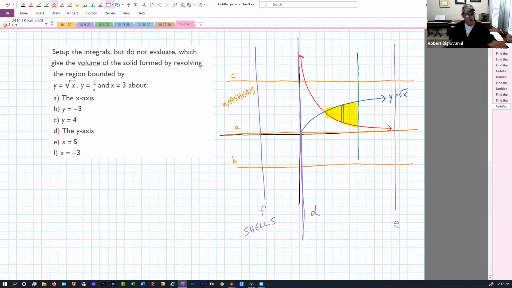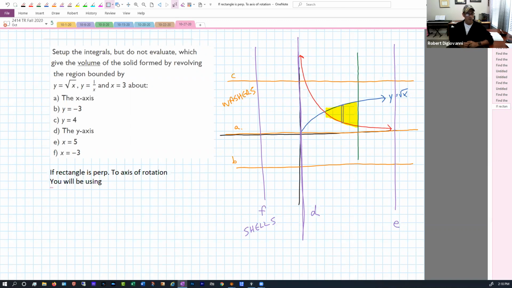So I think I'll leave that to you. I'm going to type something out here, just a little final note. If your rectangle is perpendicular to axis of rotation, you will be using which method?